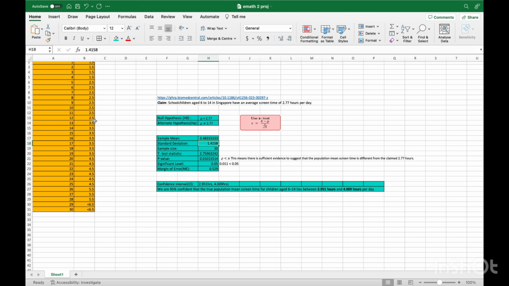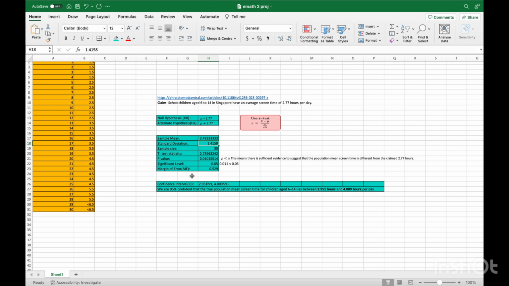I'll be interpreting my confidence interval. I constructed a 95% confidence interval for the population using the formula CI equals sample mean plus or minus the z-value times the standard deviation over the square root of the sample size.